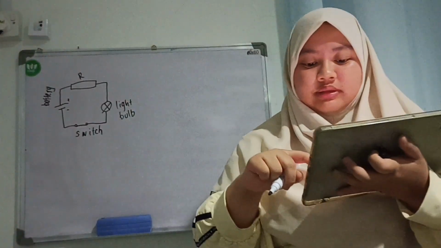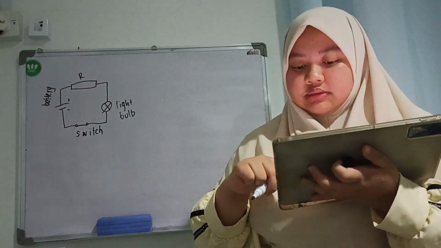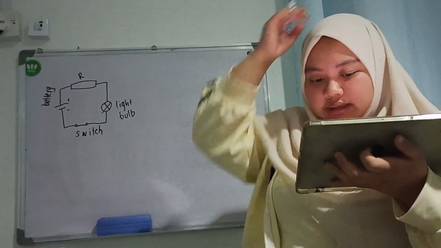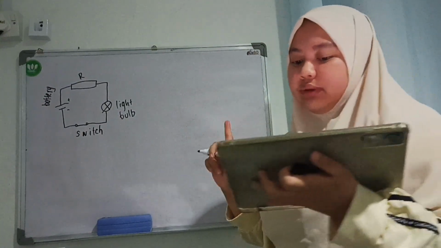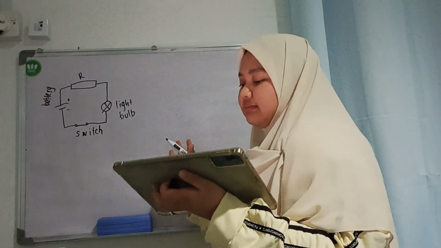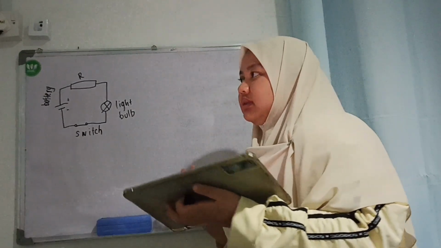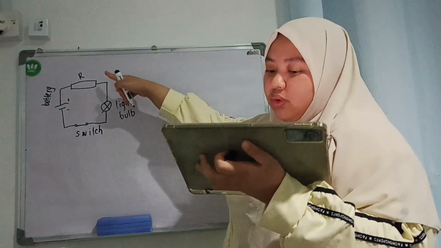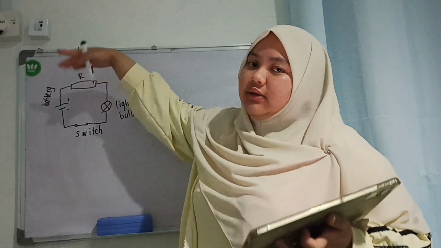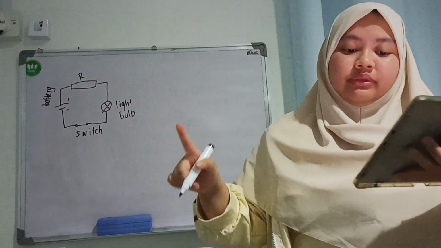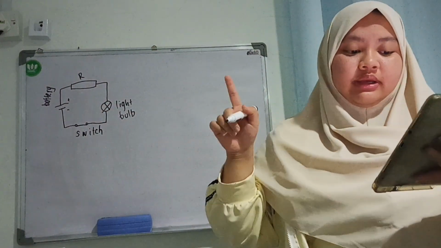So how exactly are we going to calculate series? But first, the key point for series is that current flows through all of the components in one way basically. So now back to the formula.